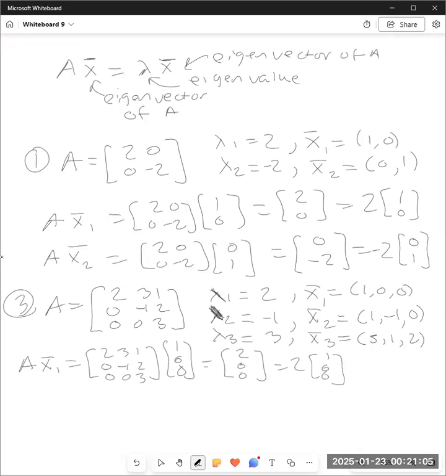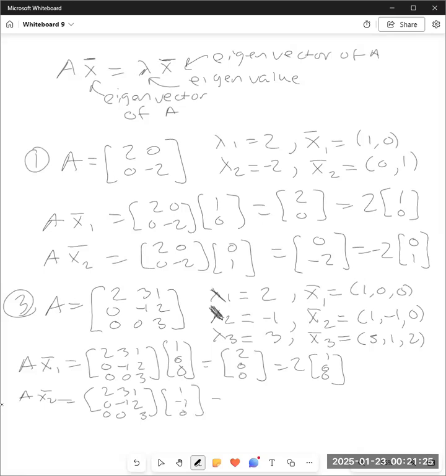So eigenvalue 2, eigenvector 1, 0, 0. A x2 is 2, 3, 1, 0, -1, 2, 0, 0, 3 times 1, -1, 0.